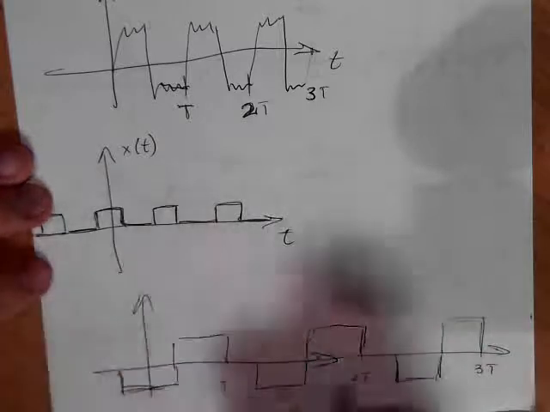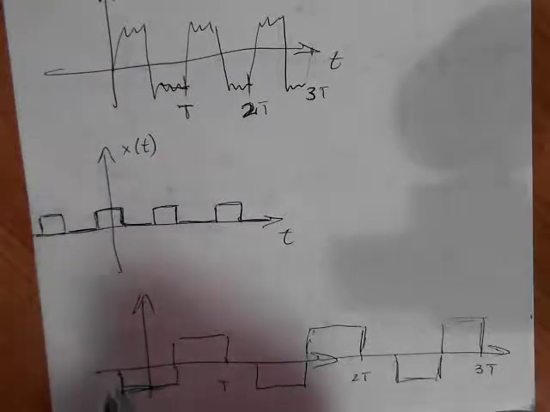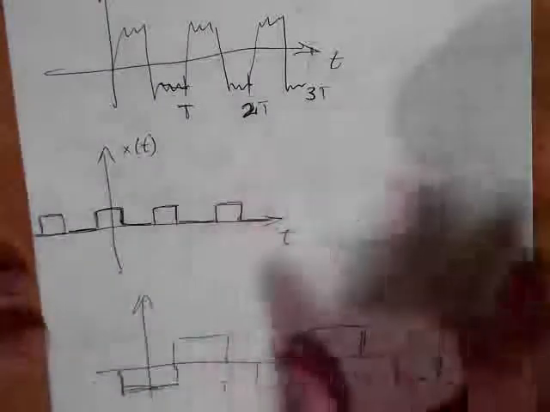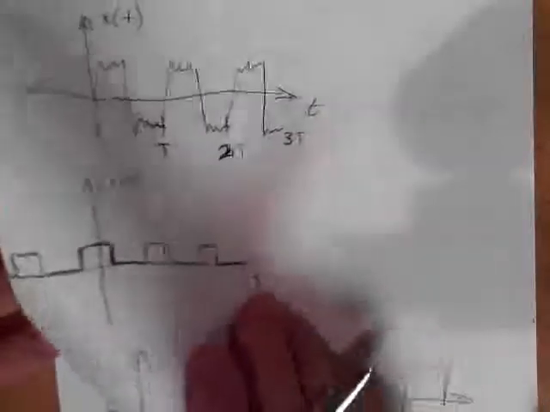Or you can put a period here, sine, in case it is repeating. Anytime you have a repeating continuous time signal, it means that you are expanding using Fourier series.